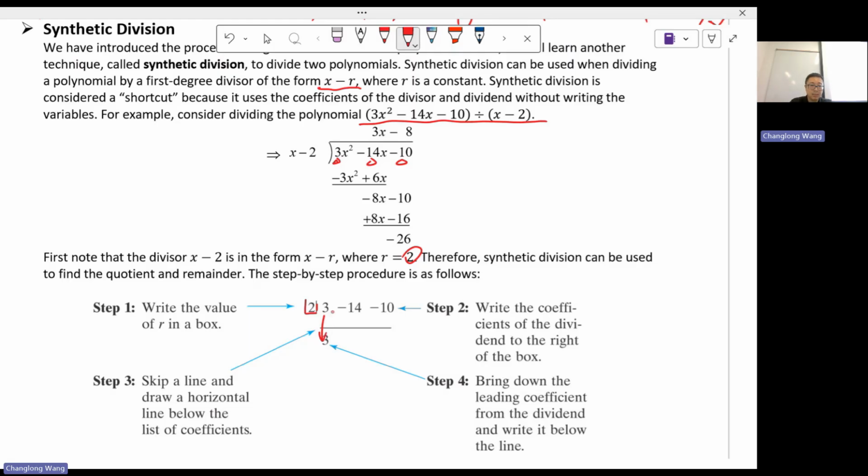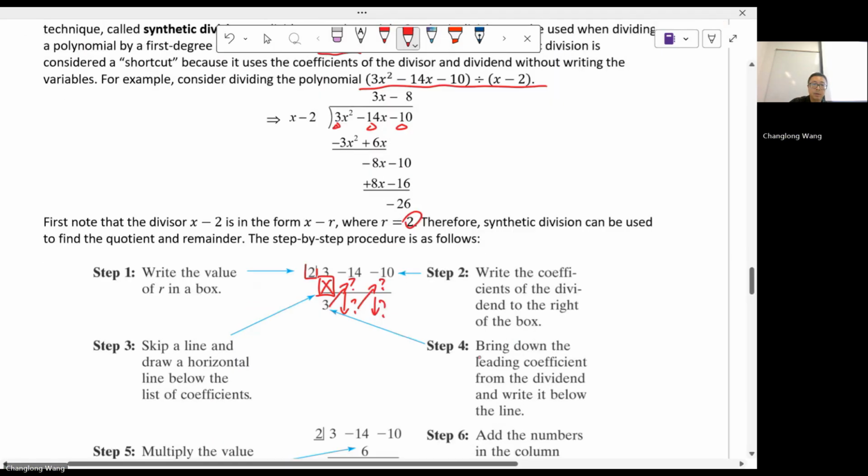Whatever that is, in this case it's a 3. Just write the 3 there. And then you're going to have 4 spots, but this one, just leave it empty. 4 spots to fill out with numbers. And the order is going up, then come down, then up and down, like a zigzag kind of motion.